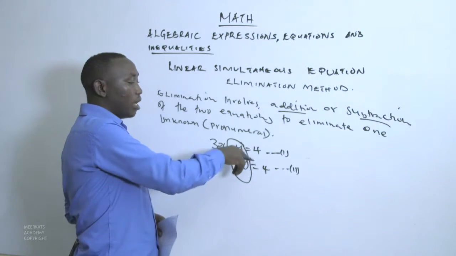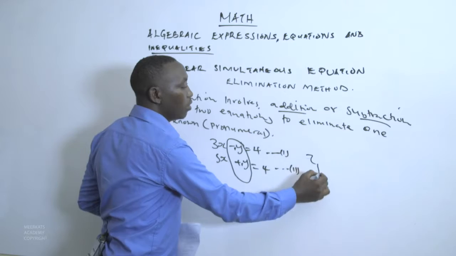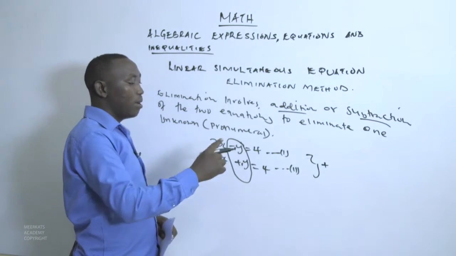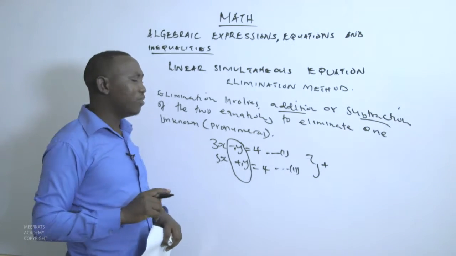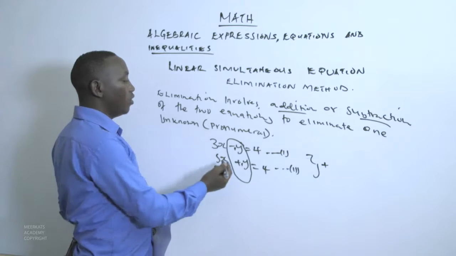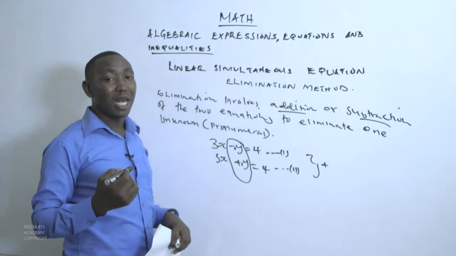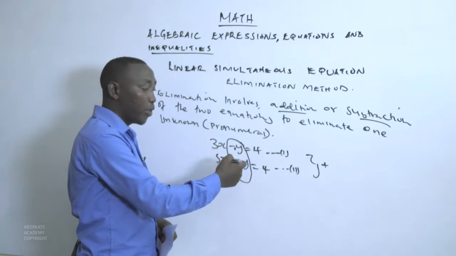You'll discover that for you to eliminate y, you need to add the two equations, so that -1 plus 1 gives us 0. What if you had subtracted? It would give you -1 minus 1, which is -2, and therefore you would not have eliminated that pronumeral.